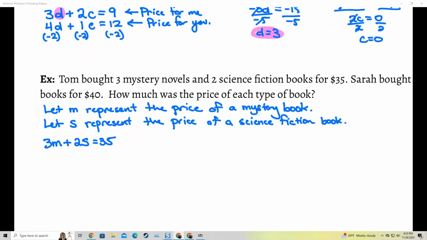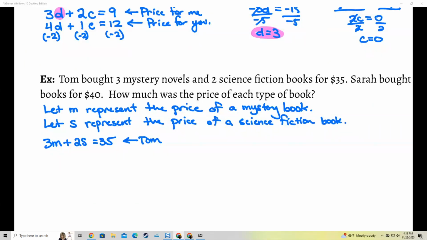Be careful again. Look at my S and look at my 5. They look very similar, so you just really got to be careful when you use the letter S, okay? In fact, I kind of don't like it. So let me try to make that S a little bit more curvy so that I know it's not a 5. So 3M plus 2S is equal to 35. This is the price for Tom.